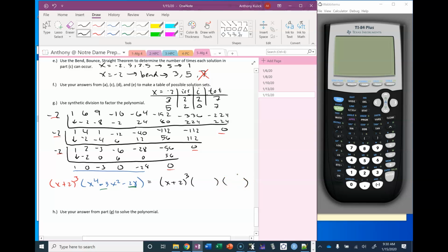Multiplies to negative 28, adds to give me negative 3. Should be able to do this. Negative 7 and positive 4, right? And because that middle variable is an x squared, I know in the factored forms they're going to be x squareds.